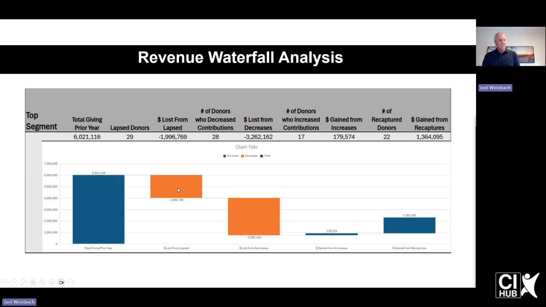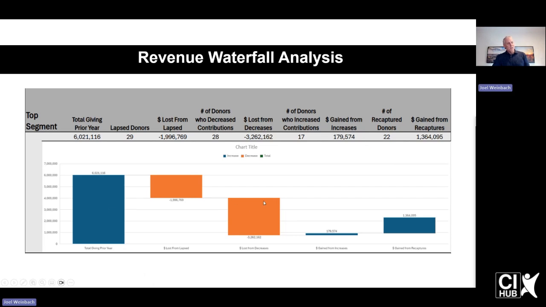1.9 million of that was just lost to lapses. The same donors that gave this 1.9 in 2024 didn't give anything in 2025. We had another 3.2 million that was lost to decreases.